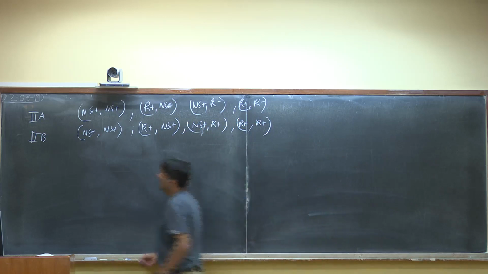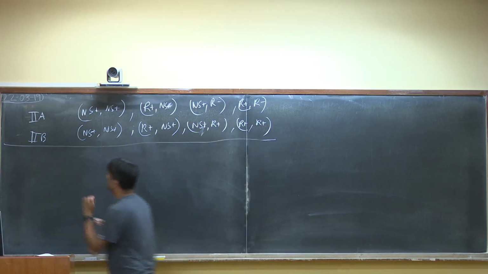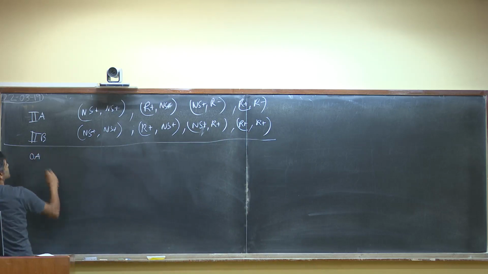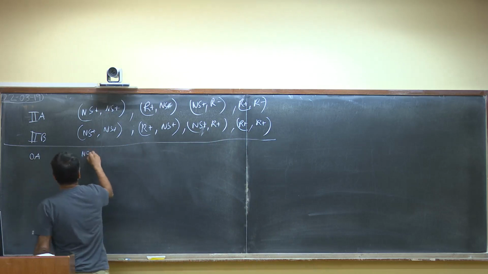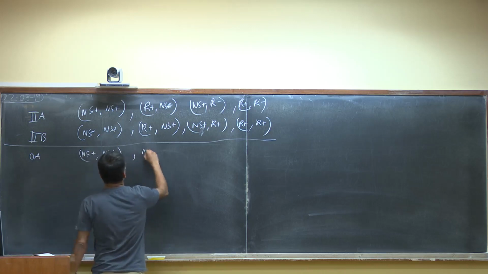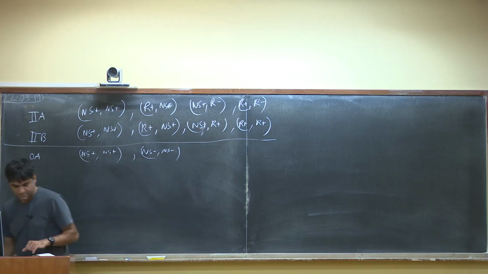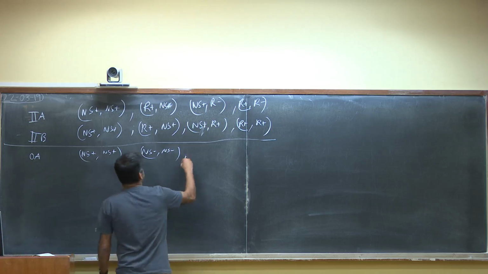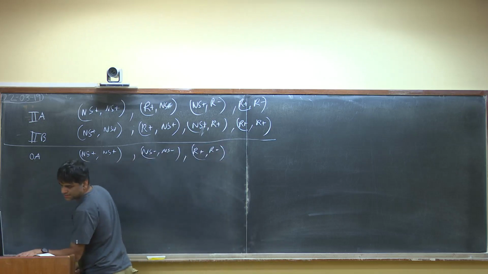Okay. And in addition, we have the sectors that we called 0A and 0B. The 0A sector was NS plus and NS minus, and R plus, R minus, and R minus, R plus, right?